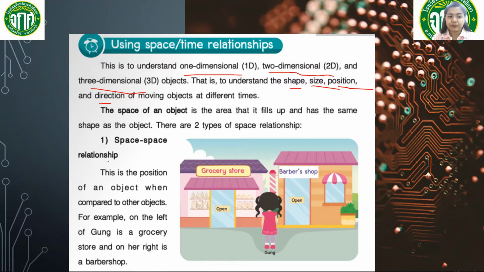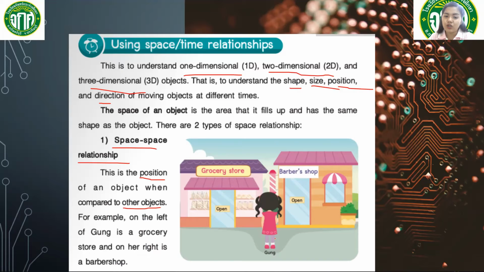Okay, so let's check. The first one is space-to-space relationship. So this is the position of an object when compared to other objects. Okay, for example, on the left of Gung is a grocery store and on her right is a barber shop.